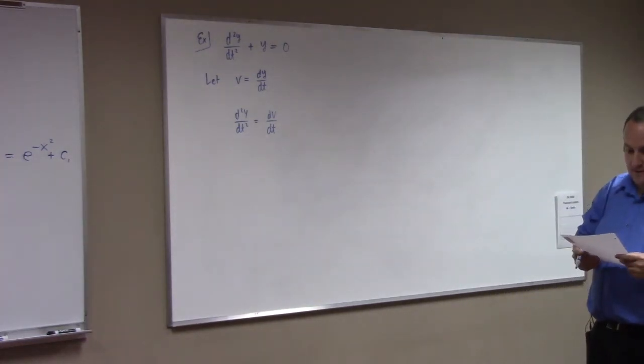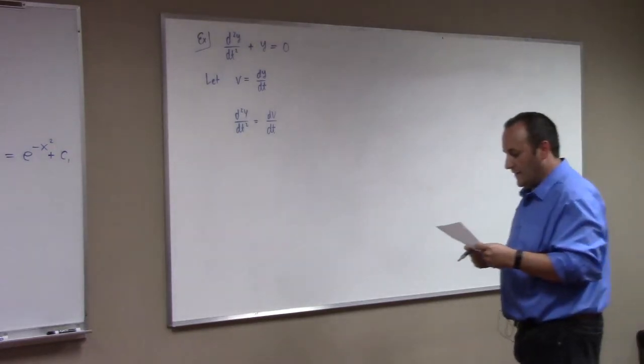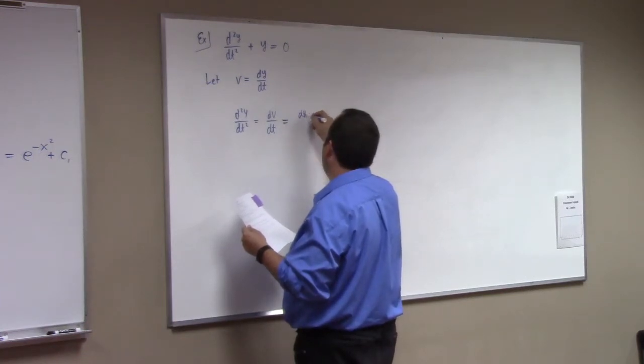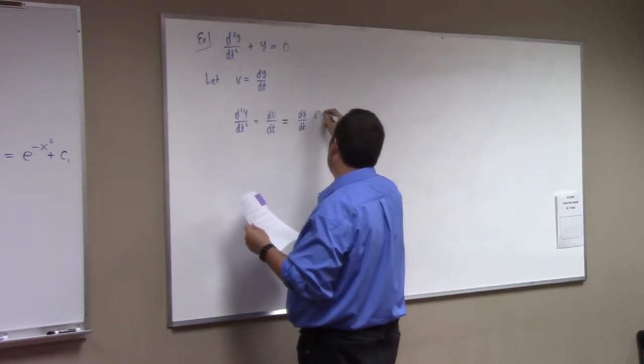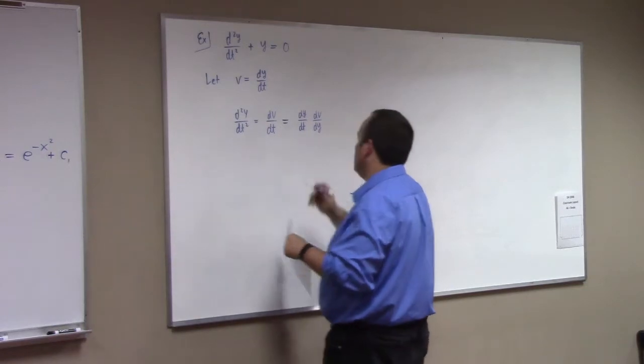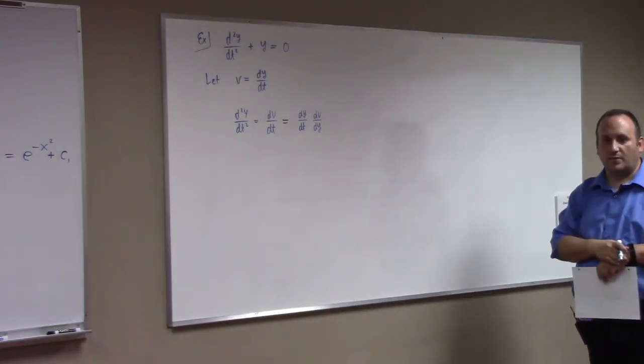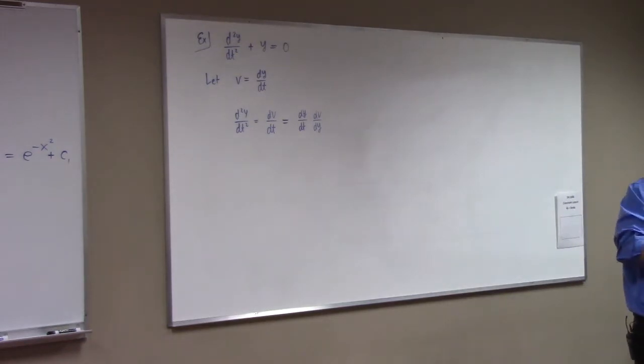You know this. But what maybe you haven't thought about is you could rewrite that as dy dt times dv dy. So what I'm doing here is the kind of sneaky thing. I'm saying, suppose we trade our velocity, which is a function of time, for instead velocity as a function of position.